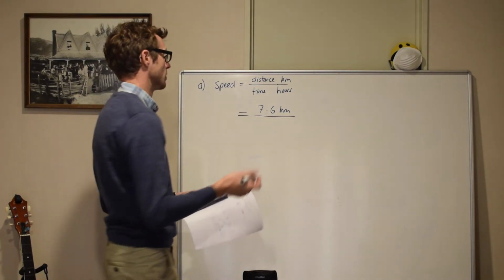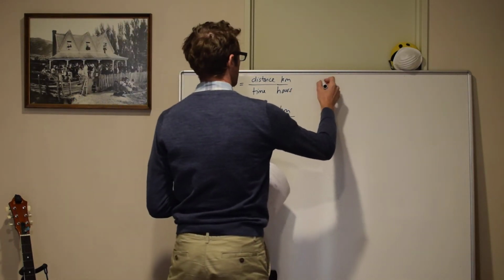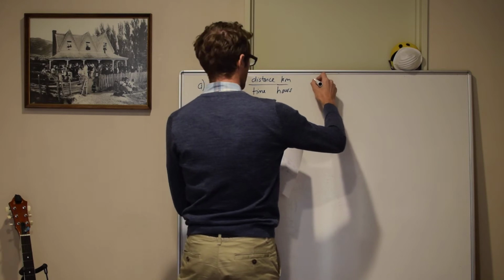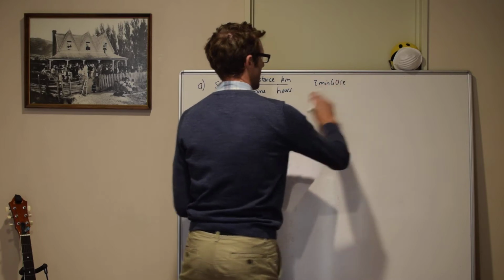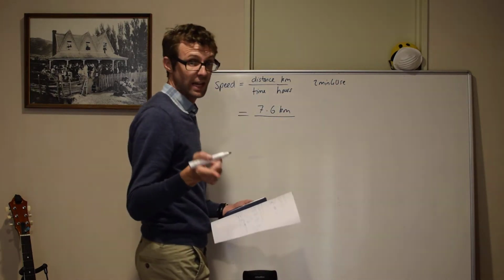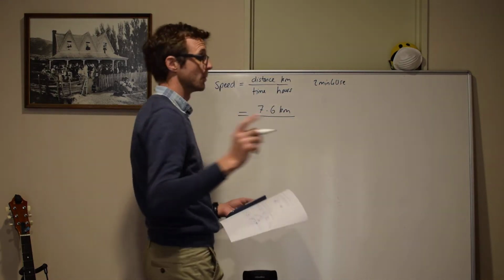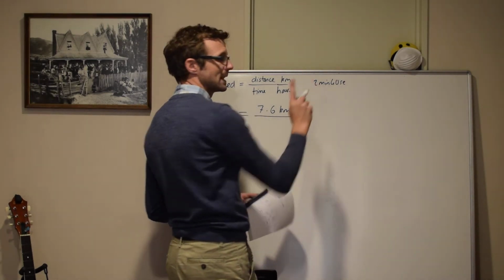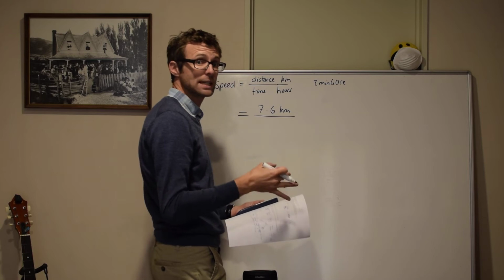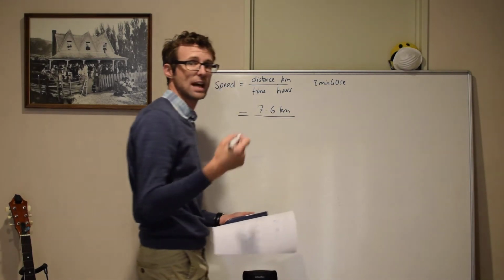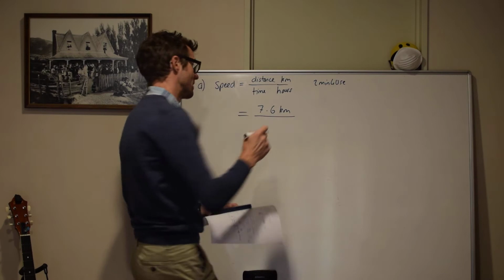So what I'm going to do is convert my time, which was 2 min 40 seconds, into seconds. Bear with me. 1 minute is 60 seconds, 2 minutes is 2 lots of that, so that's 120 seconds, plus the 40 seconds. 120 plus 40 is 160.